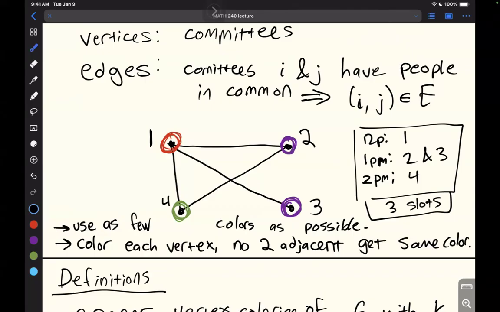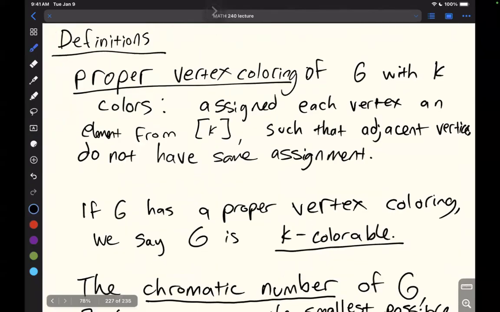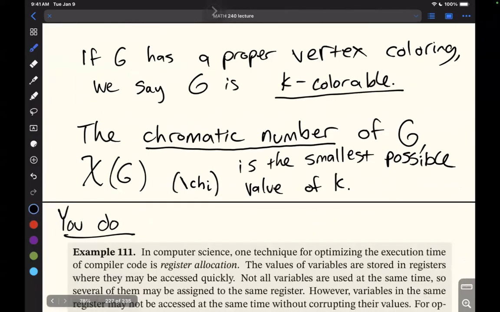But that's not the chromatic number. The chromatic number is the smallest possible number of colors that we could use to color this graph. If you're curious how exactly we do this, that's an algorithm question. And so I encourage you to take 374 and we'll talk about it.